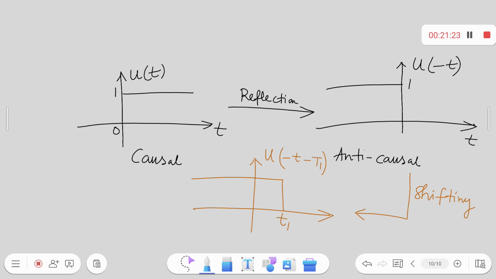Is it minus t minus t1, or minus t plus t1? How many in favor of u of minus t minus t1?